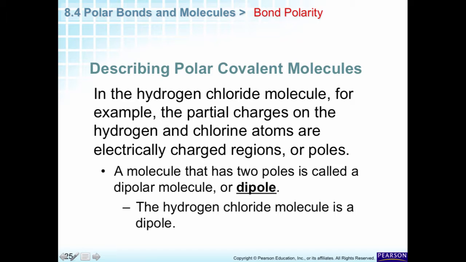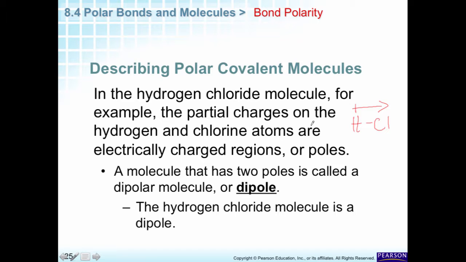So in the hydrogen chloride molecule, the way we drew it with those little arrows, okay, that tells us there's a dipole. There's only 2 atoms, so it's going to be a polar molecule. Okay?